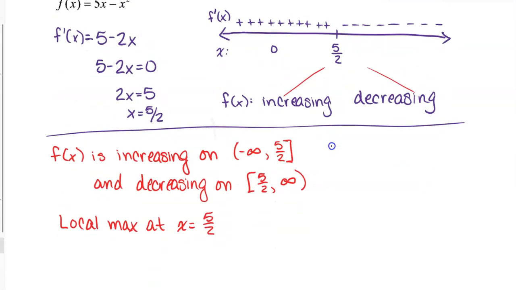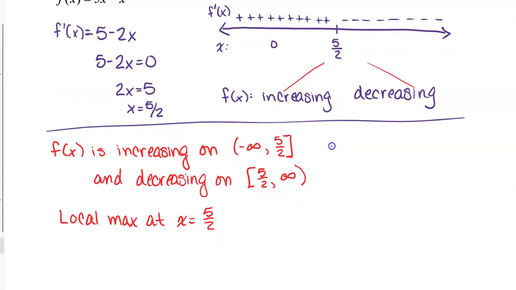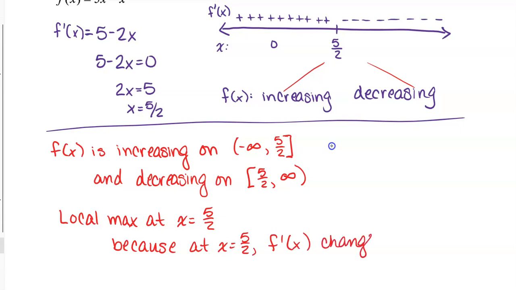And a lot of times we need to justify these things. So the reason that you know this is a local max is going to be because at that point, x equals 5/2, f prime changes from positive to negative.